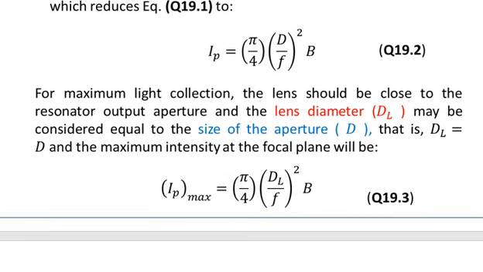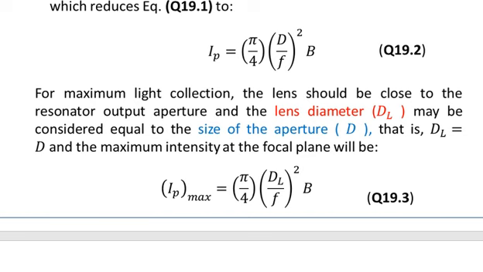The lens diameter dl may be considered equal to the size of the aperture, capital D. That is, dl is equal to capital D, and the maximum intensity at the focal plane will be IP max, the maximum value of the peak intensity, is equal to pi over 4, times the square of dl over f, multiplied by capital B, the brightness of the beam. And this is equation number 19.3.